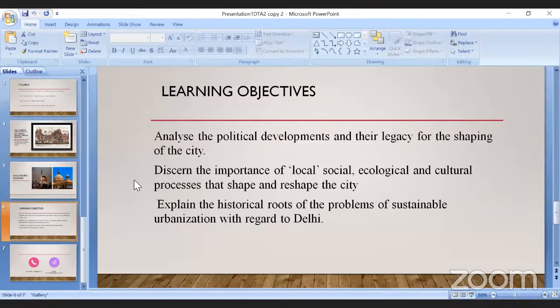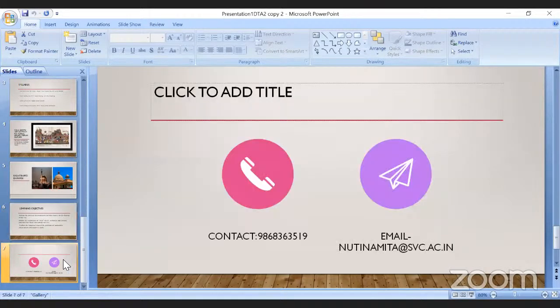This paper is very interesting because it deals with just the 19th century and half of the 20th century. And you'll find it interesting if you are interested in learning about your city and love your city.